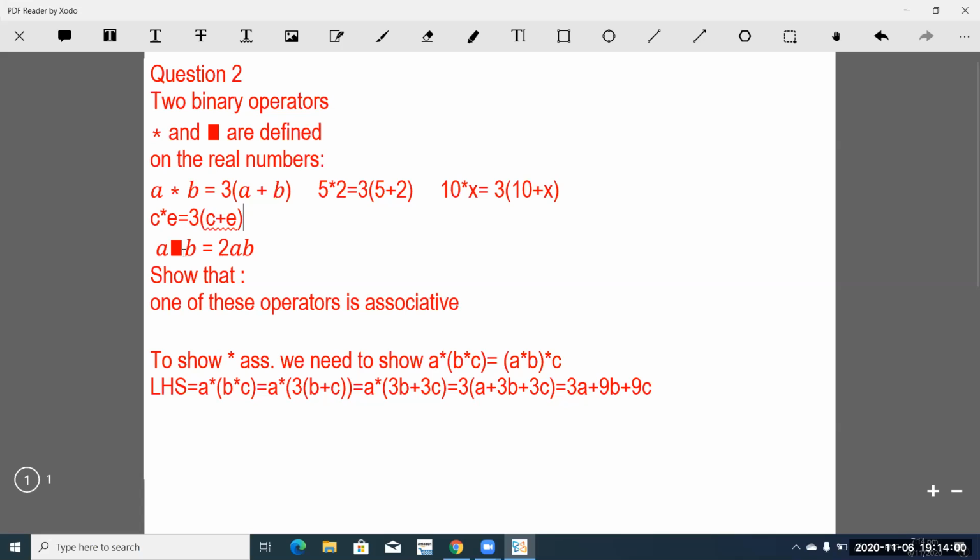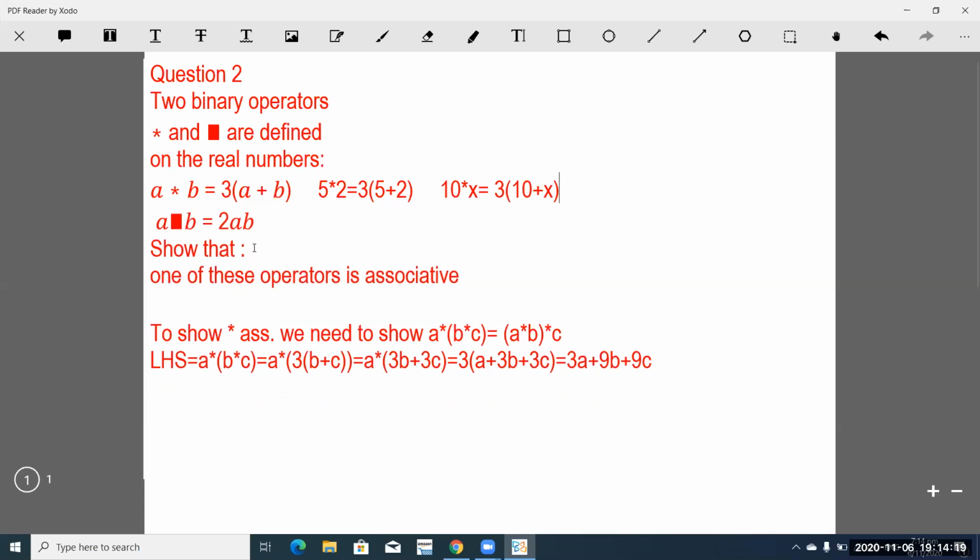That's all C star E is. So no matter what operation you're carrying out, this is how two numbers are connected for this binary operator star. All right, it's just 3 times the sum of the two numbers. That's all that is saying.